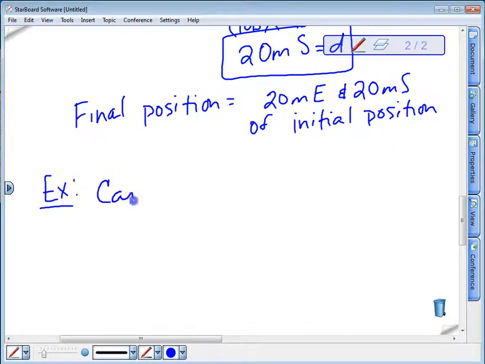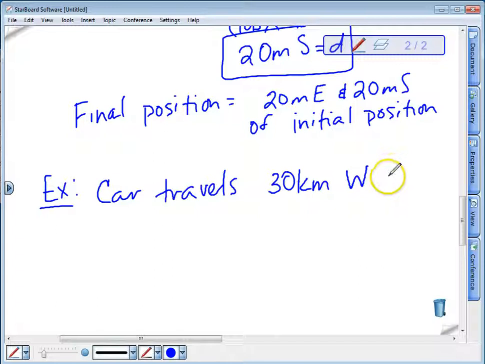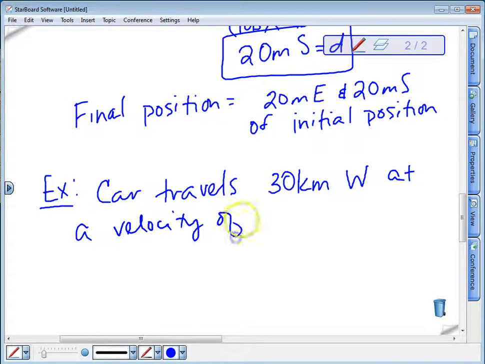Let's say a car travels 30 kilometers west at a speed or velocity of 5 kilometers per minute west. How long did it take?